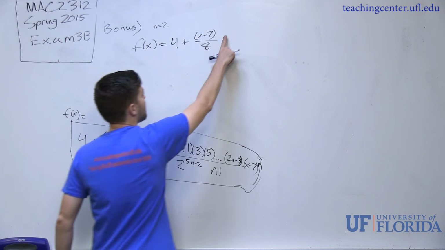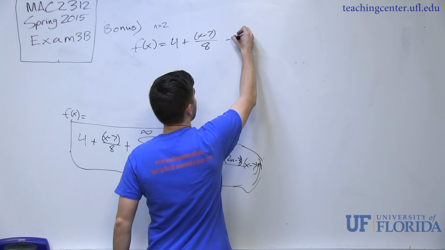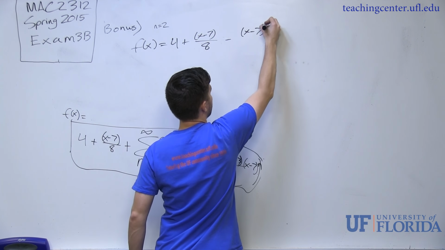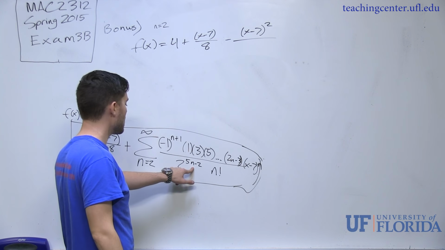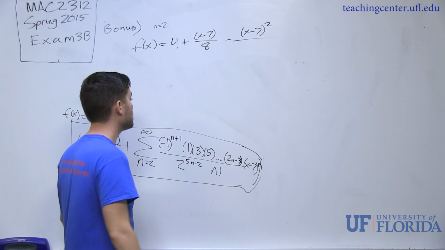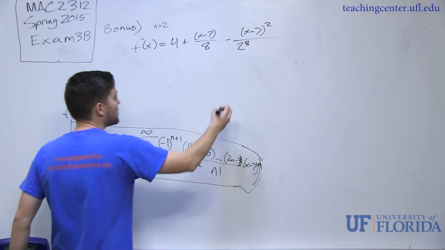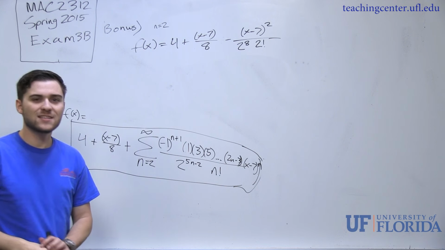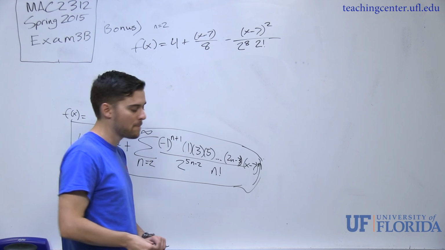So I would end up with negative 1 (x minus 7) squared over, if I plug in n equals 2, I end up with 10 minus 2, that's equal to 8, 2 to the 8 rather, and 2 factorial. And I'm just going to leave it like that because again it doesn't say that we need to simplify anything, it just says that we need to write it out.